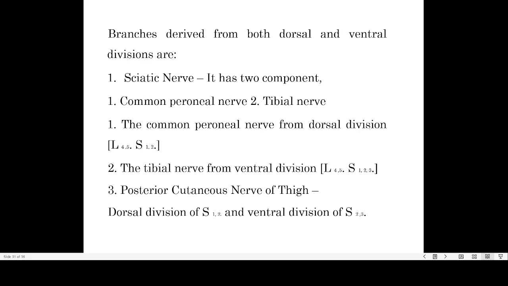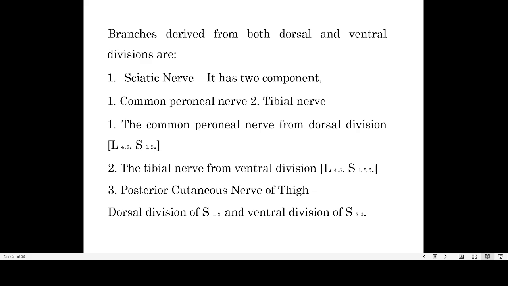The sciatic nerve comes out from the pelvic region to the thigh region through the sciatic foramina. You already know that the sciatic foramina are related to the posterior border of the sciatic notch, by an arrangement of ligaments.